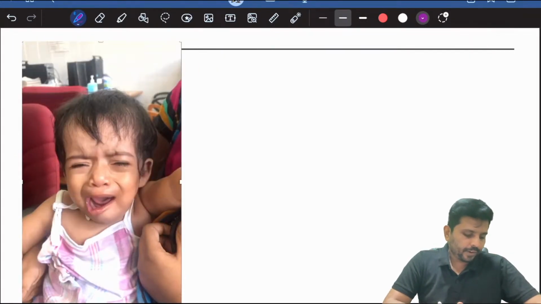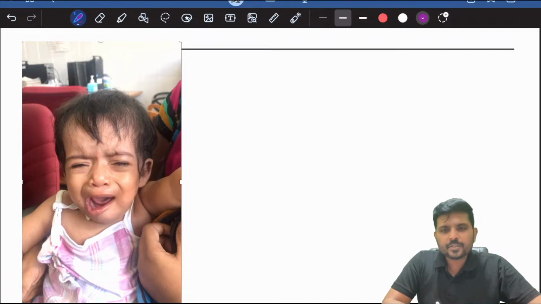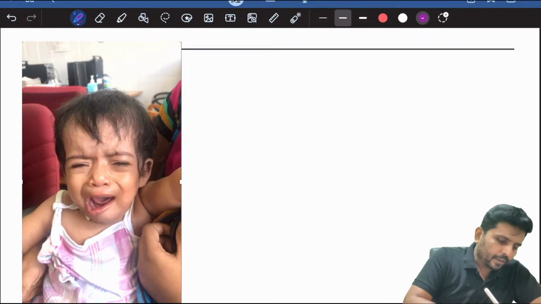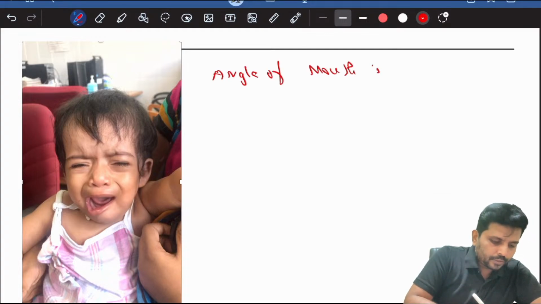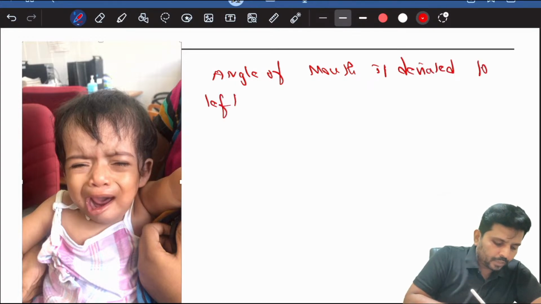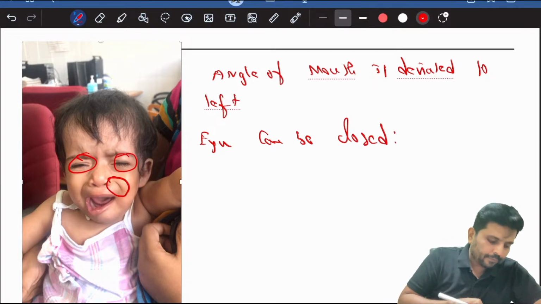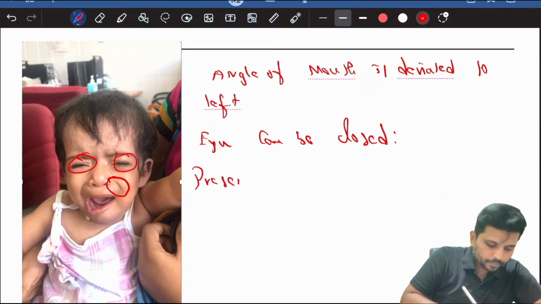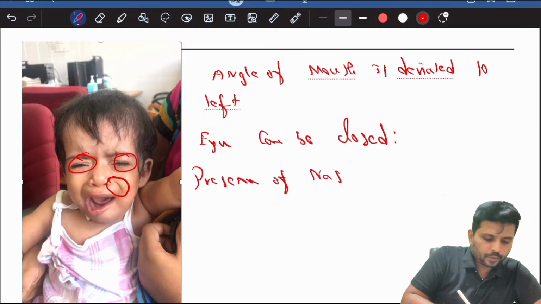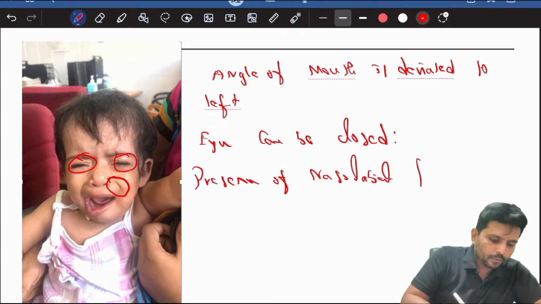And finally, look at this. Is this facial nerve palsy? Here also, the angle of mouth is deviated to the left. But look at this: both eyes can be closed, and there is presence of nasolabial fold.